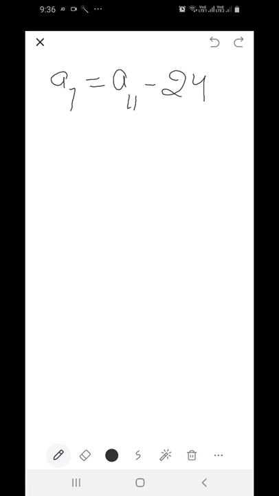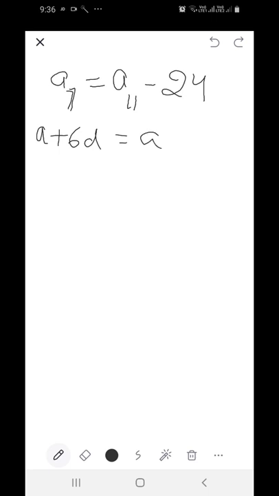Now you know how to find the 7th term. Put the formula of an, which is equal to a plus (n minus 1)d, means 7 minus 1, 6d, is equal to a.